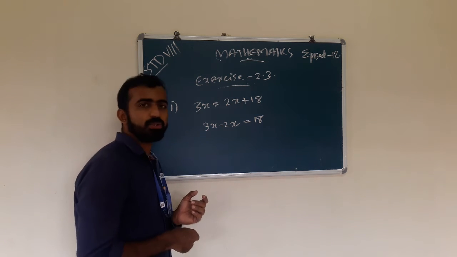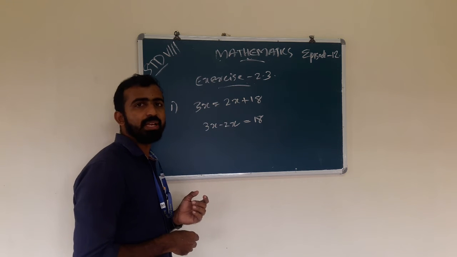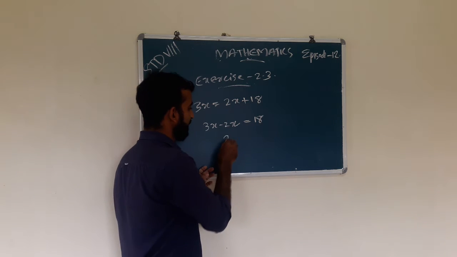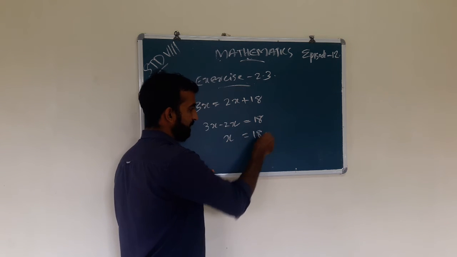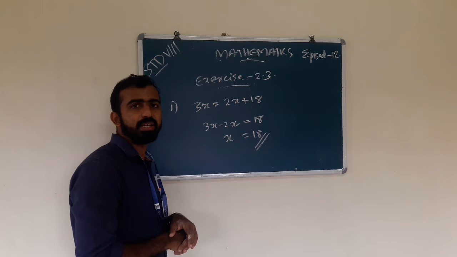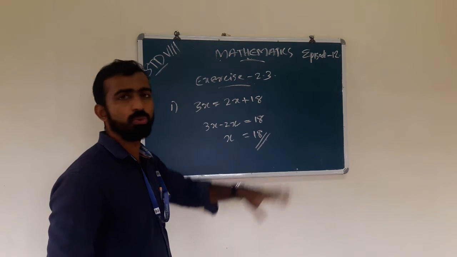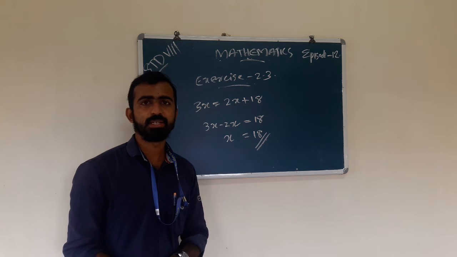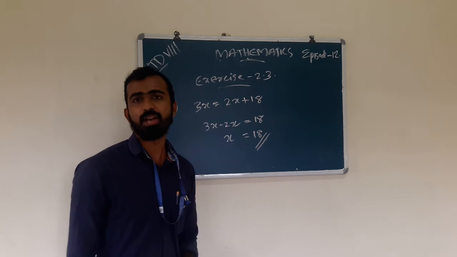So 3x minus 2x equals 18. Here x equals 18. The answer is x equal to 18. Yes, that is the answer.